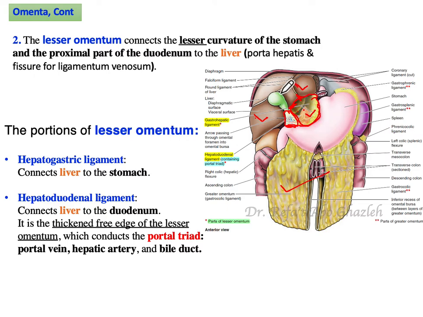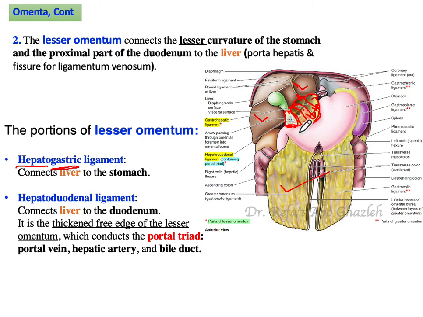When you say hepato, that means liver. Gastric means stomach. So this ligament is the hepatogastric ligament because it connects the stomach to the liver.